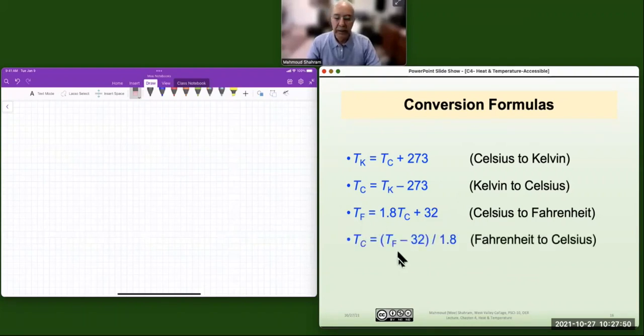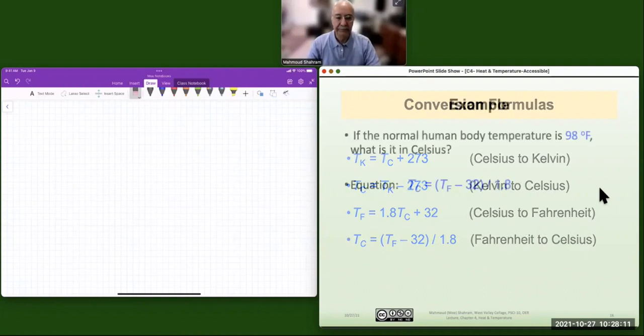If you give me a Fahrenheit and want to find out what the Celsius is, you just subtract 32 and divide the whole thing by 1.8, and that's what you get. Keep these formulas handy. If there is an example, you can use them to give the answer.